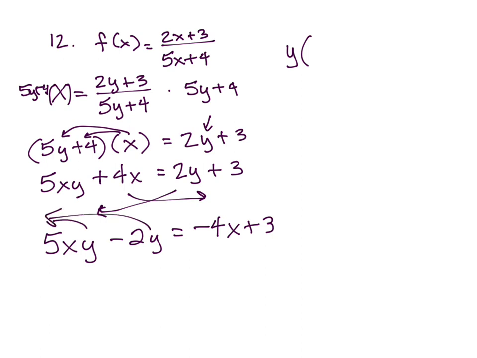Yeah, we're pulling that y out to the front. 5x minus 2 equal to negative 4x plus 3. Not subtract it, it's y times it. Divide by it. Divide by the 5x minus 2. Good.